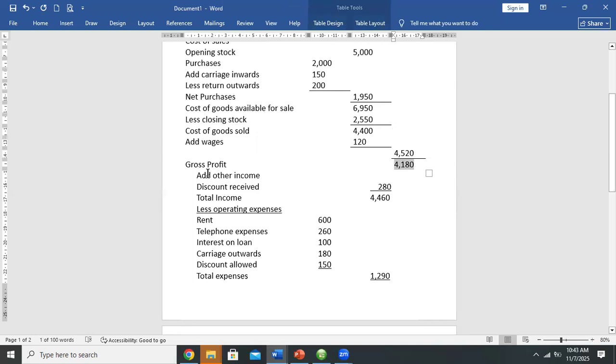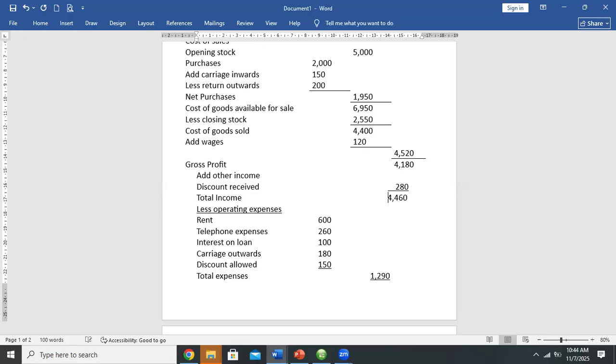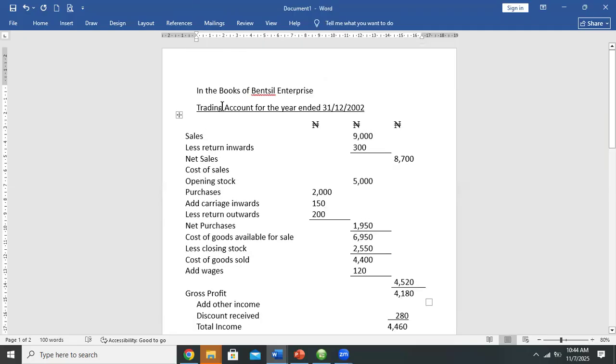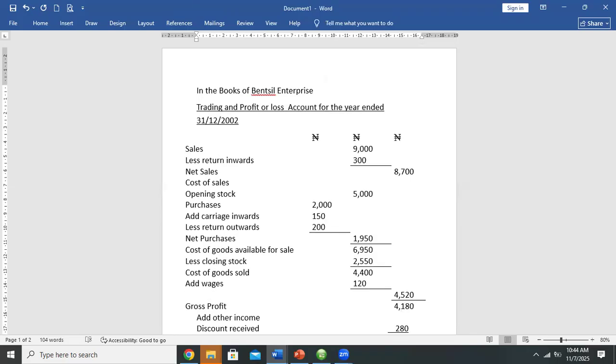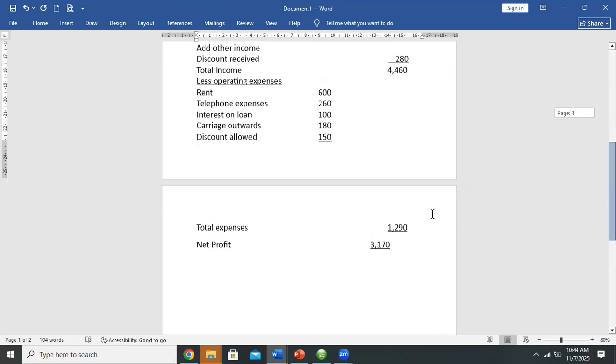You continue with add other income and less operating expenses. So this is how it would have looked like. You just continue without stopping. And then the heading would have been trading and profit or loss account. That's all. And then everything starts from the sales right until the net profit.